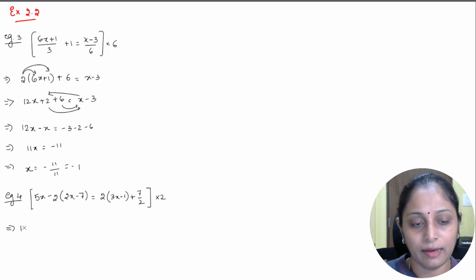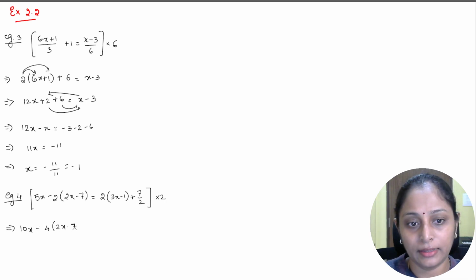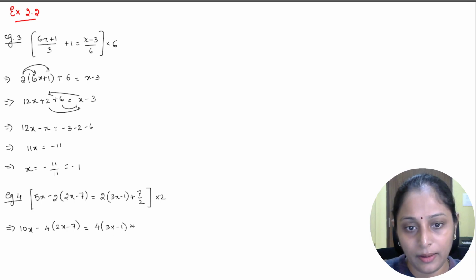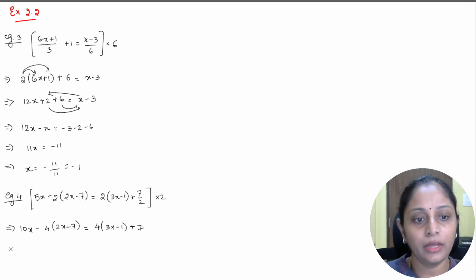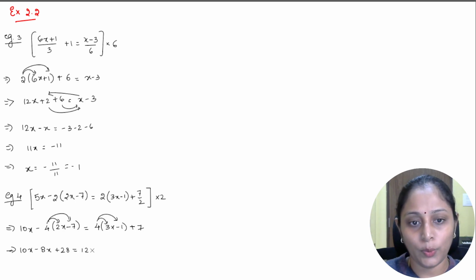Okay, I have 10x minus 4 times of this entire term inside the bracket. Okay, is equal to again 4 times of this entire expression inside the bracket plus 7. Okay, now I am going to open the bracket. I am going to open this bracket and this one as well. I have 10x minus 8x plus 28 is equal to 12x minus 4 plus 7, right? Now I will do the transposition.